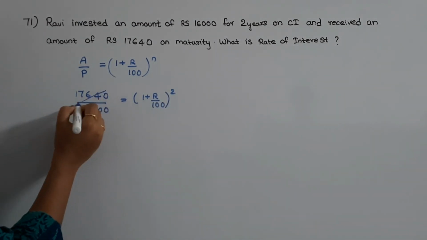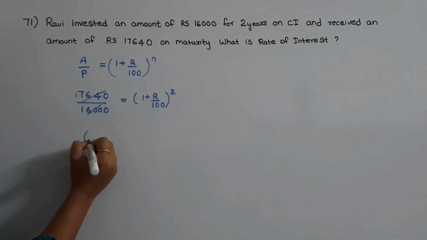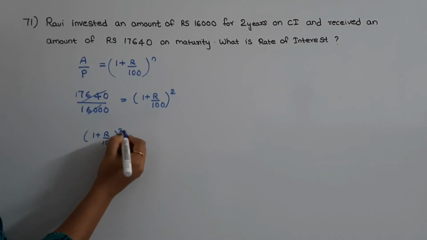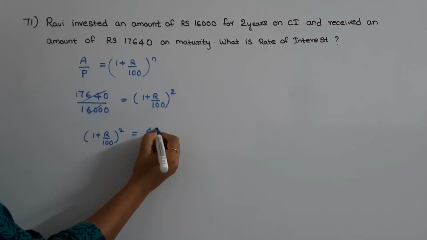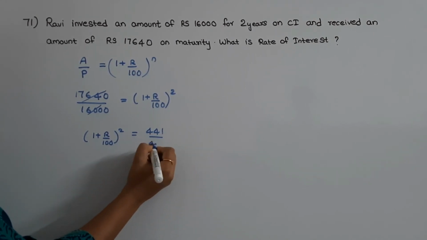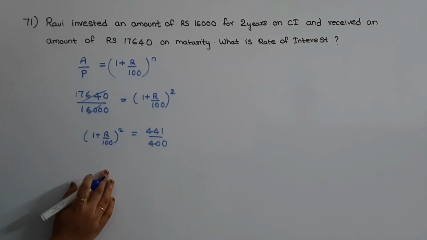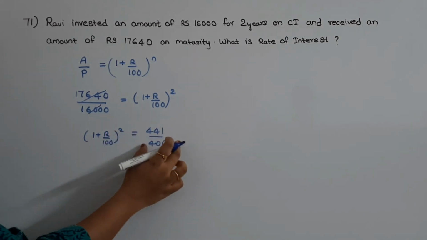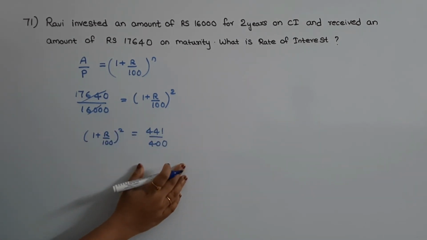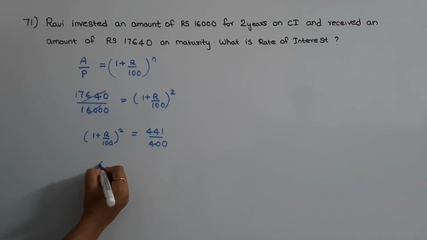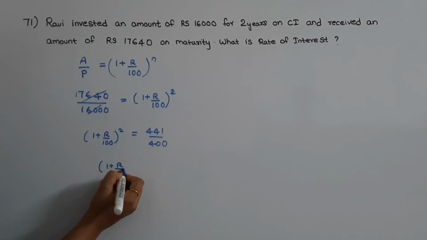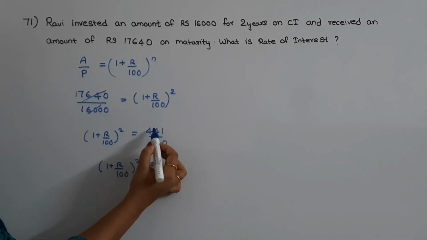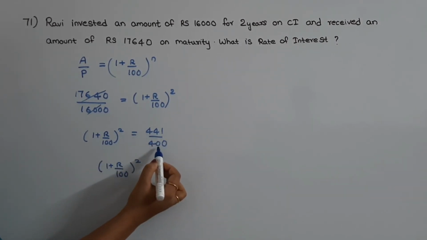Now simplifying this we will get 1 plus r by 100 whole square is equal to 441 by 400. Now since the LHS is having a square, this also we need to write in terms of square. So we can write this as 1 plus r by 100 whole square is equal to, this is 21 square and this is 20 square.